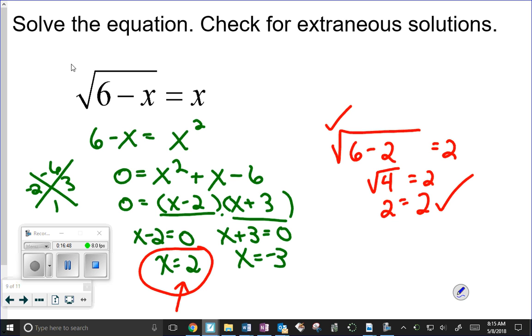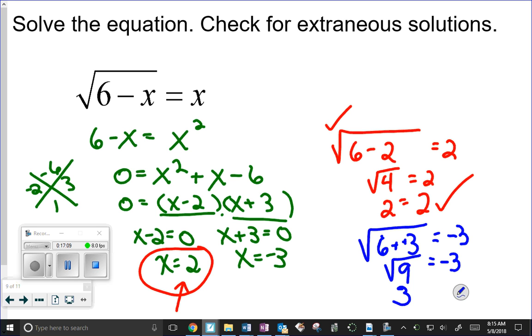Let's check that negative 3. Square root of 6 minus negative 3 equals negative 3. So this is the square root of 9, because this negative would be plus, equals negative 3. Square root of 9 is a positive 3. That does not equal a negative 3.